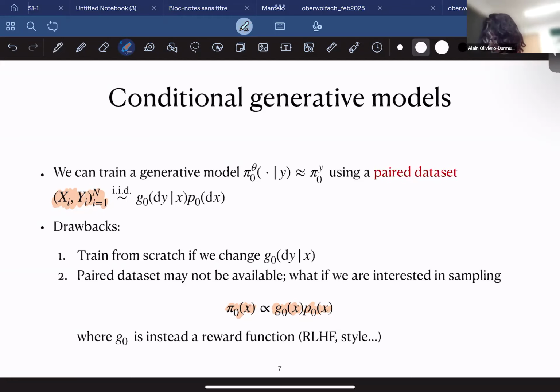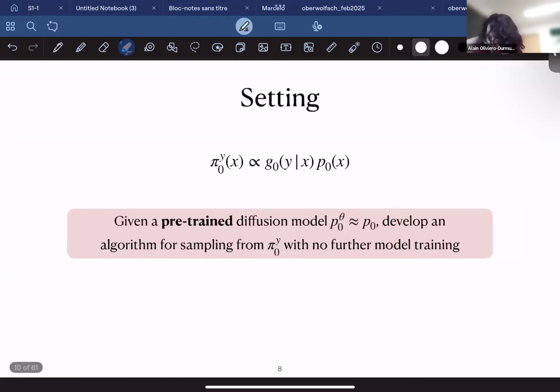That's the goal which I want to achieve. So here's the main message: no further training of neural networks.